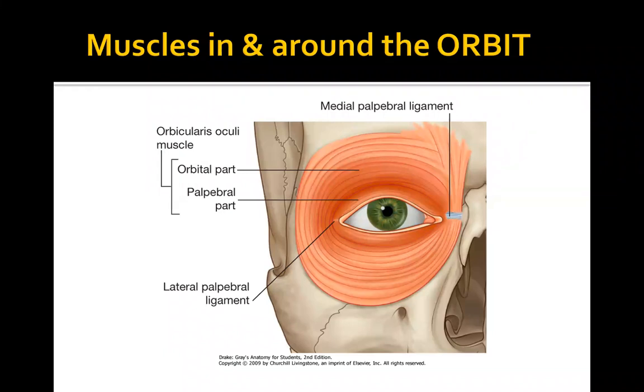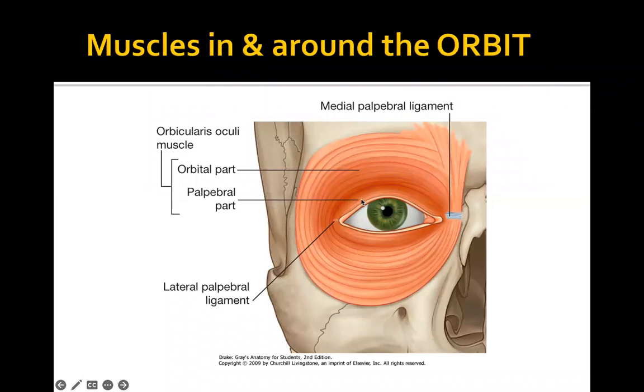Okay, so muscles in and around the orbit. Orbicularis oculi muscle, we saw that earlier in the lecture today. I told you that it is a type of facial muscle, a muscle for facial expression. So you have the orbital part and then the palpebral part.